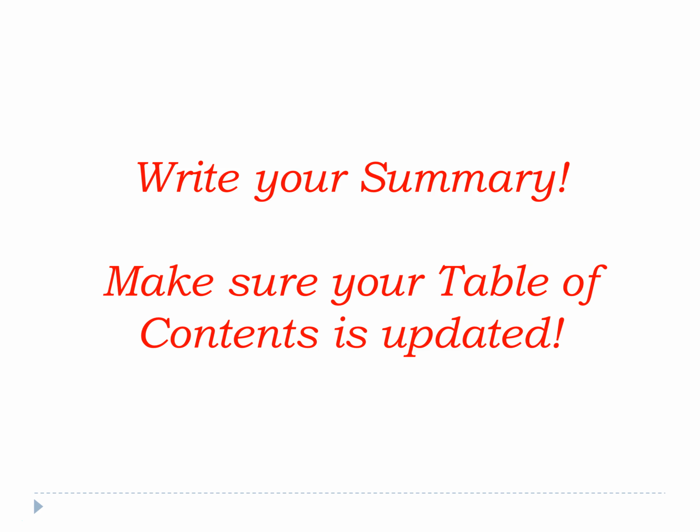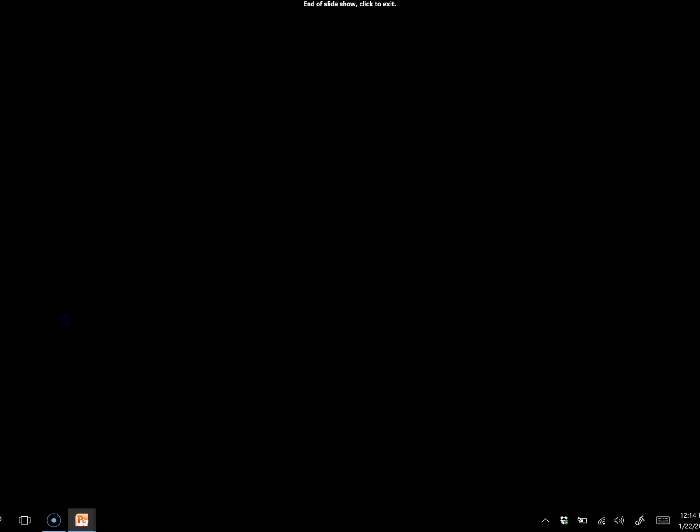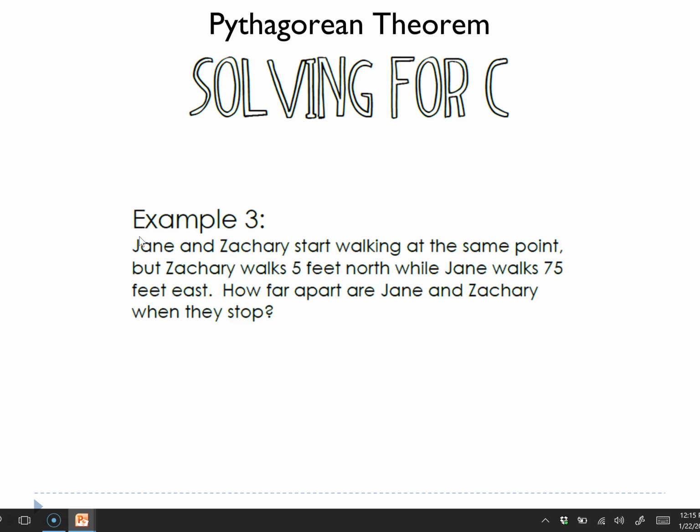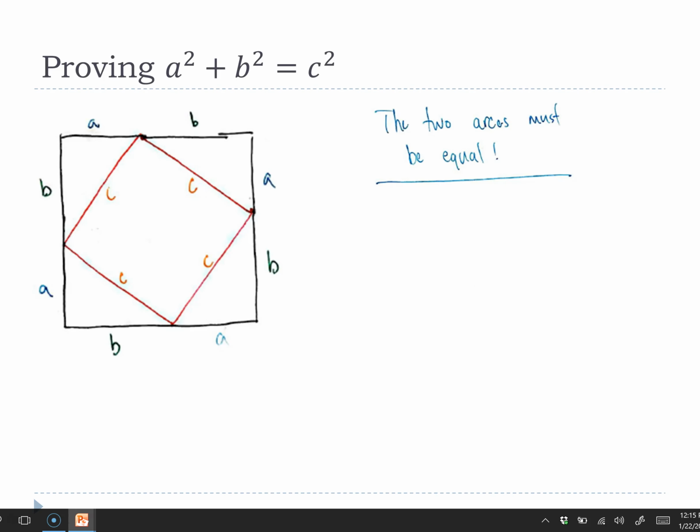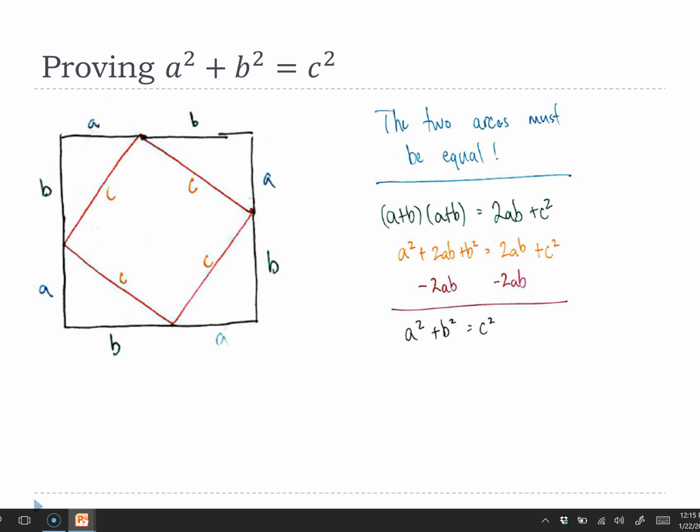If you're with me in my classes, you're going to be writing your summary, and there is some small practice at the end of your notes. This was a very involved presentation, so look it over again and make sure you understand how the Pythagorean theorem is just an expression of two equal areas.